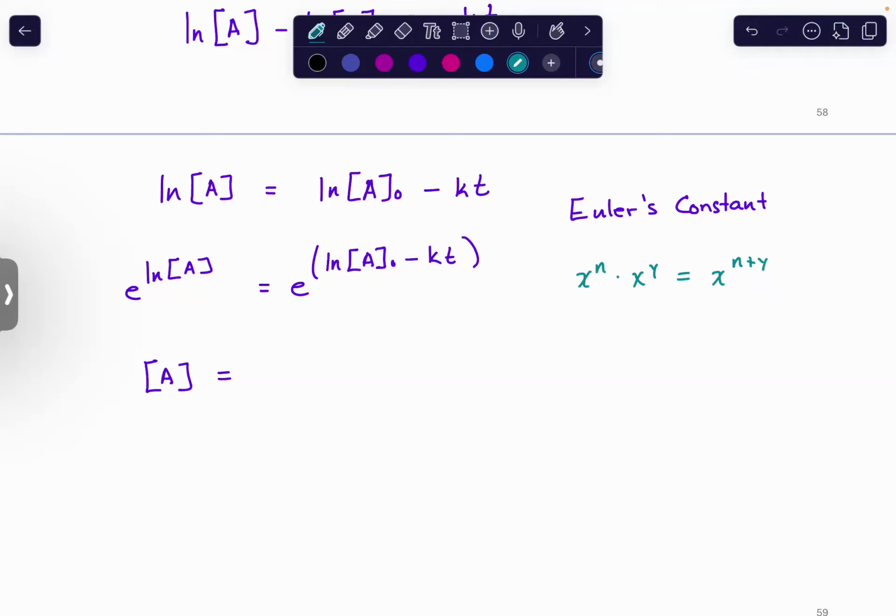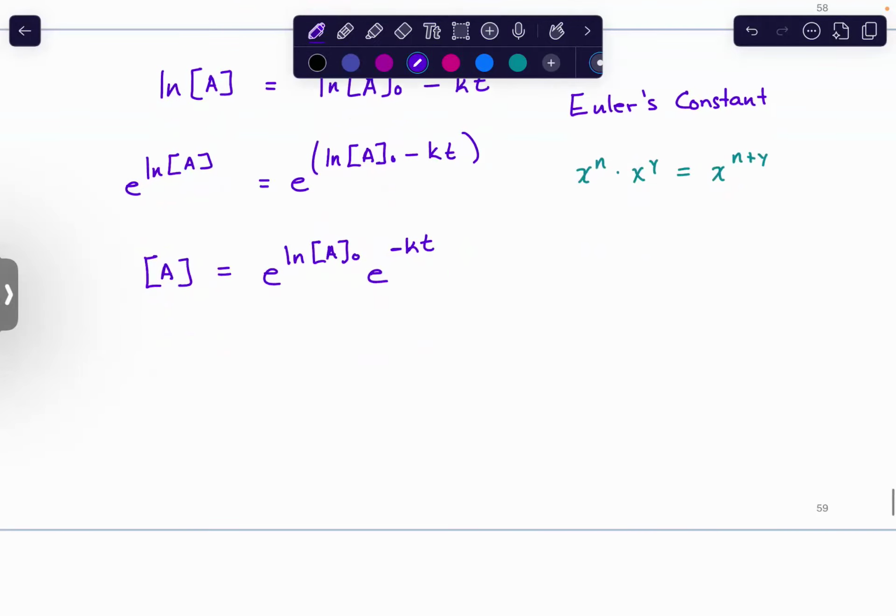That's the rule. So that means going backwards, I have e to the natural log of A0 times e to the minus kt. Because again, if I added those, it'd be natural log plus minus kt, and I would just get the original exponent back. So now we have our nice integrated rate law for the pseudo first order.